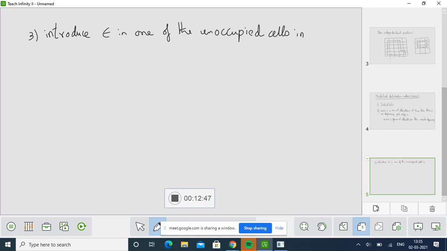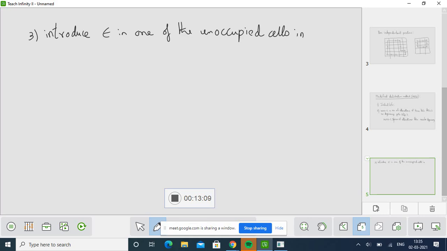In an unoccupied cell in the independent position.